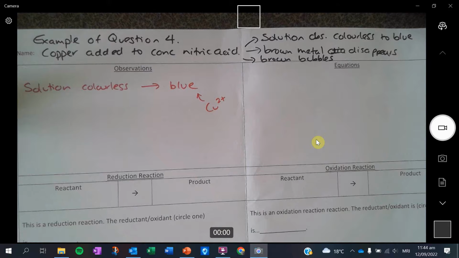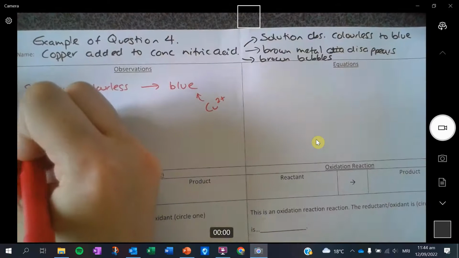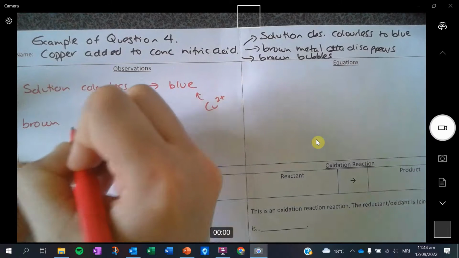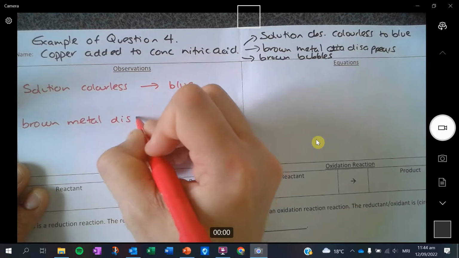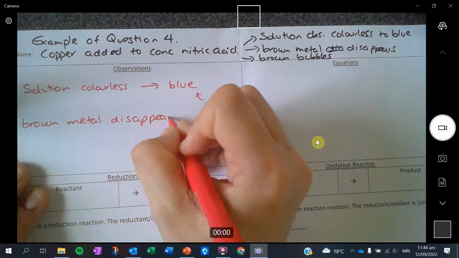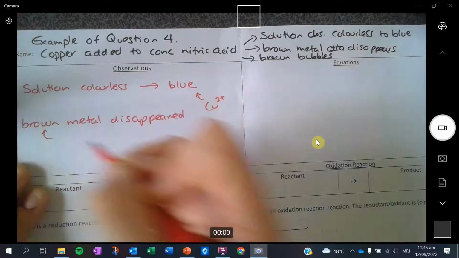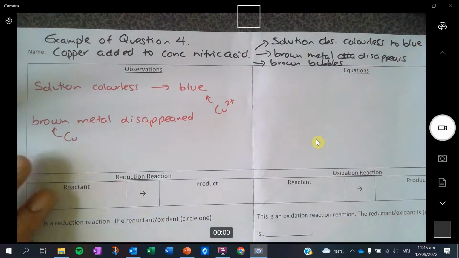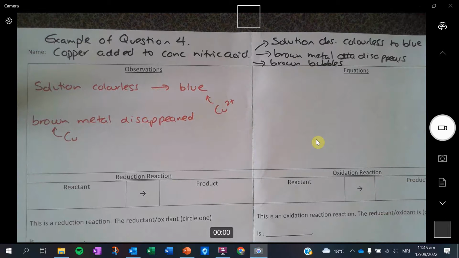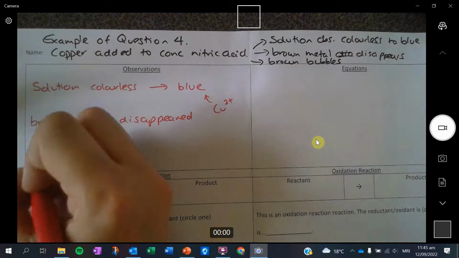I also saw my brown metal disappeared. So what was my brown metal? The copper. And then I also saw that we had brown fumes formed.